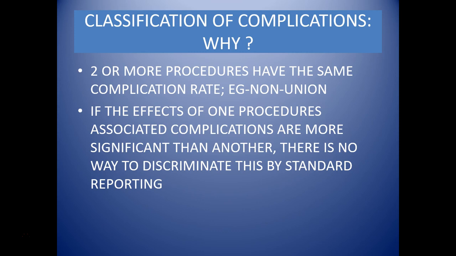We do want to have some type of classification system for complications. For example, two or more procedures may have the same complication rate, but they may not be equal in effect. So we want to know how bad a complication is that occurs after particular procedures. For example, looking at complications following total ankle arthroplasty versus arthrodesis.